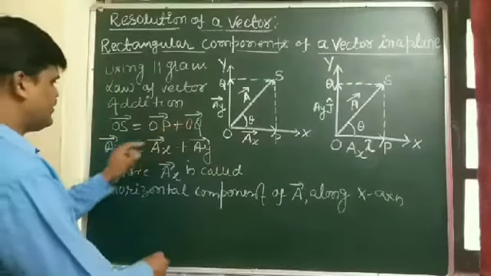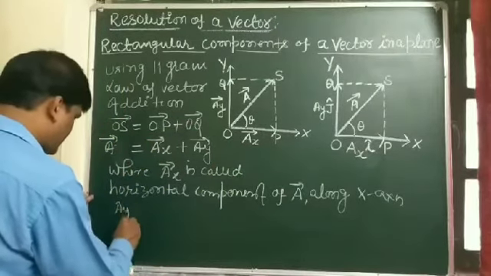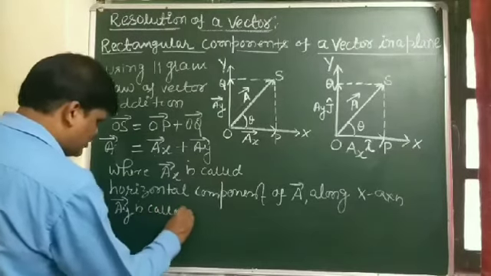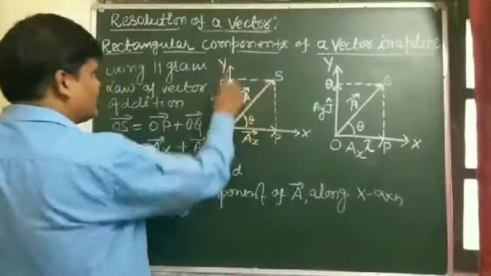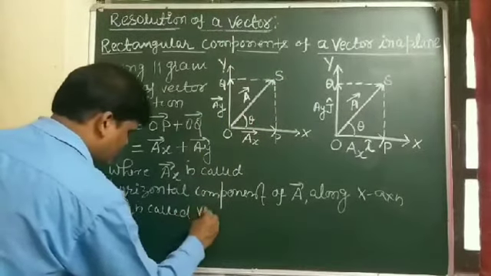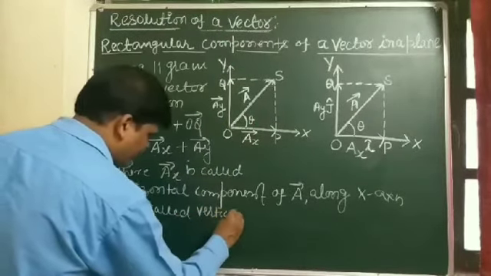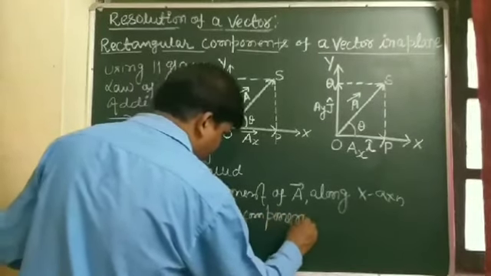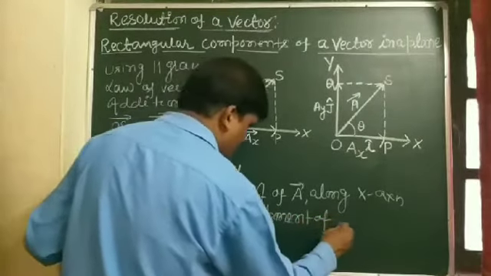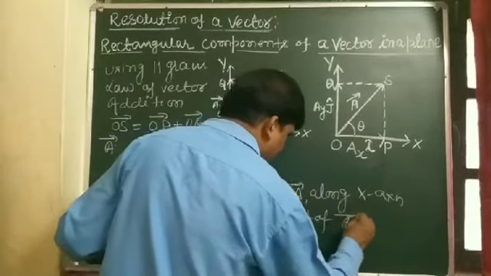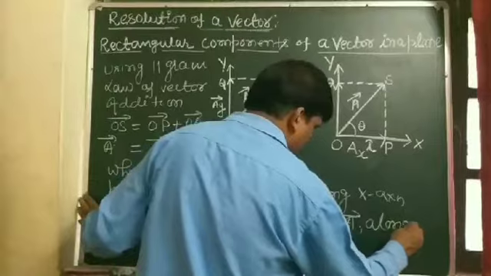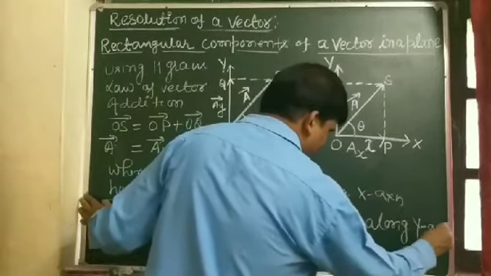Similarly, Ay vector is called the vertical component of vector A along the y-axis.